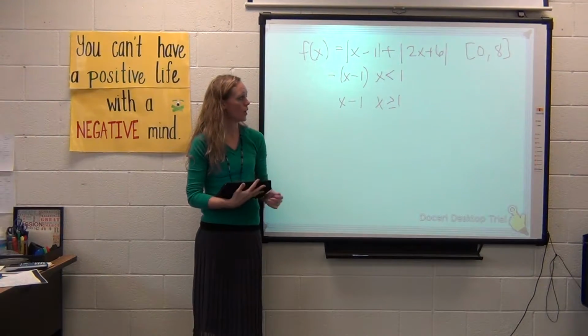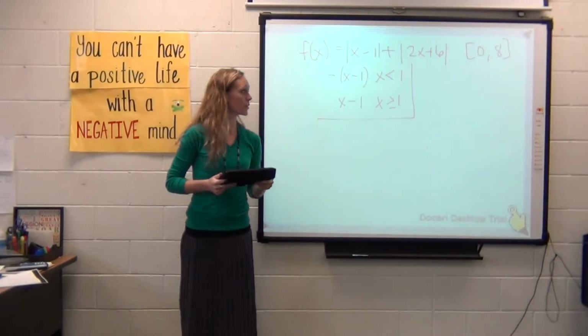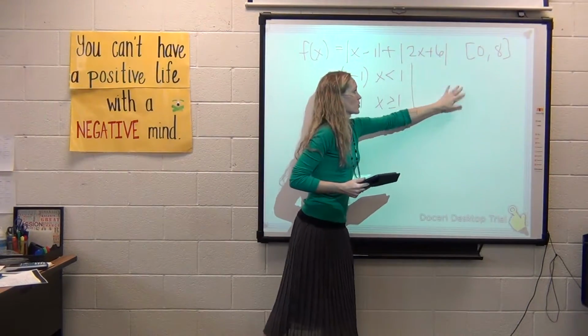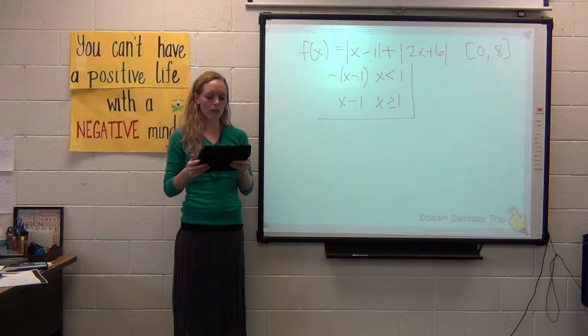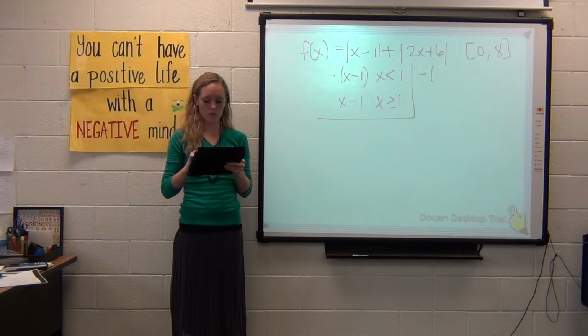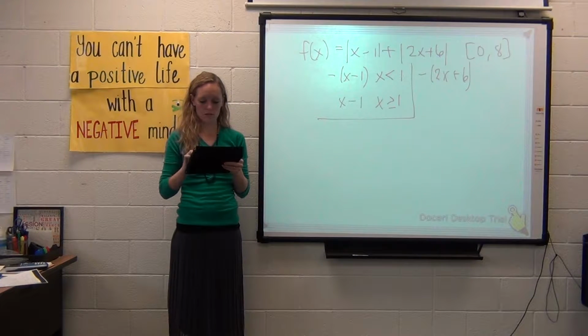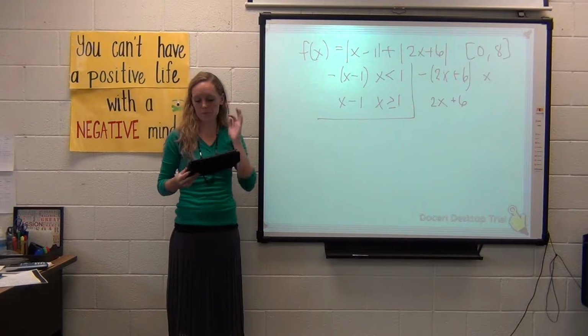Okay, so let's think about this individually. I'm going to put this in a box. Then we have this piecewise function, and we're going to think about it individually. Oh, that means this is going to be on the test. So how do I write this piecewise function? Negative 2x minus 6, when x is less than... Okay, so when is this negative?